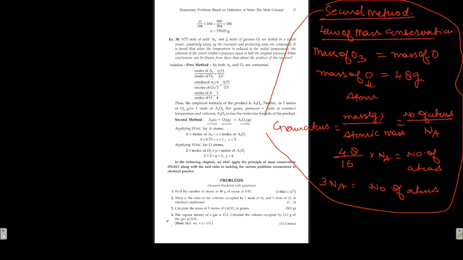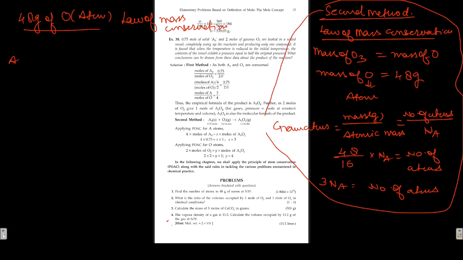Here it is now clear that 48 gram of O atoms we obtain by applying the law of mass conservation.